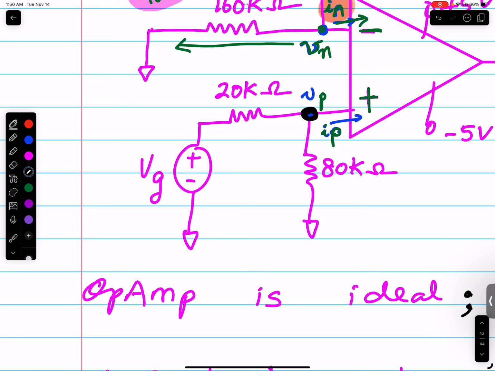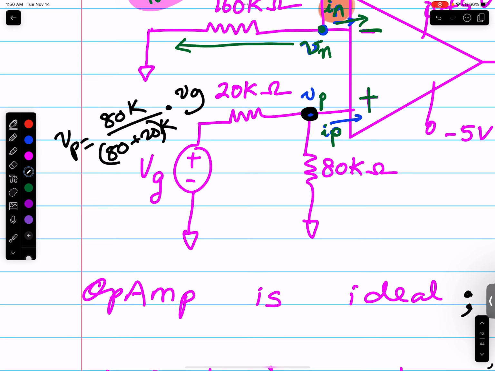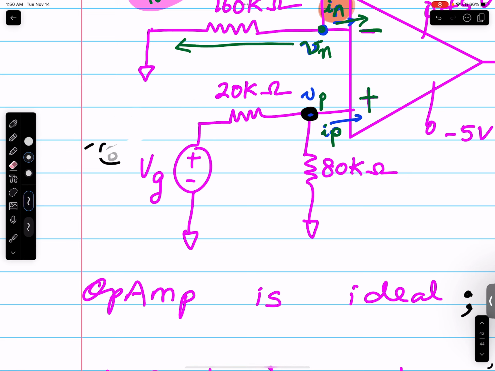Vp is really 80k divided by 80 plus 20k multiplied by Vg. If you simplify this, you'll get Vp is 4/5 of Vg.